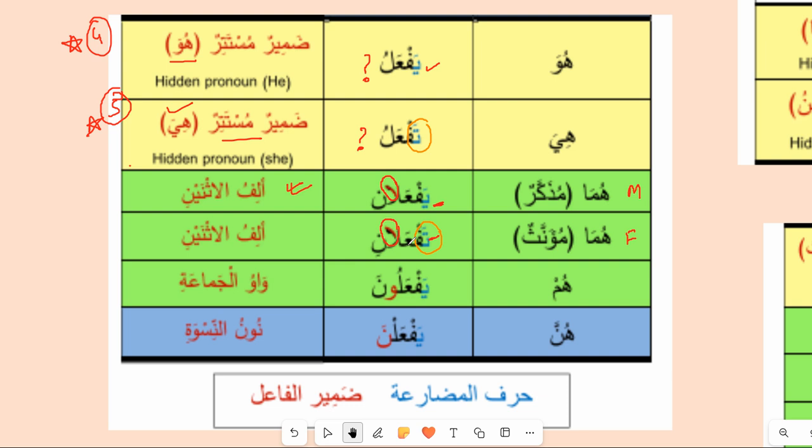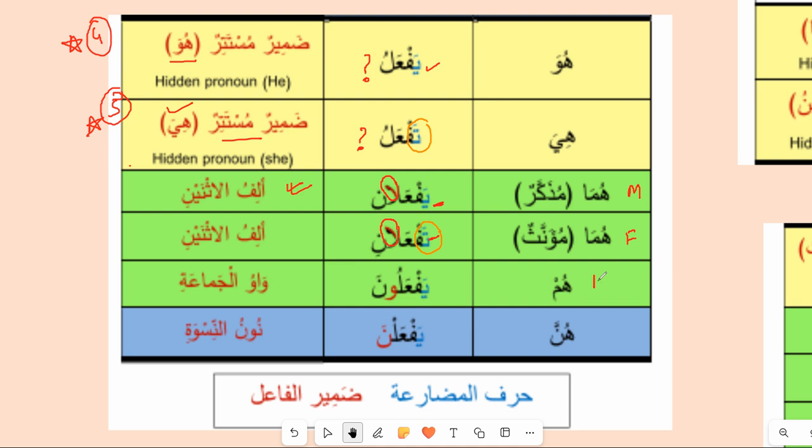Yes, it is similar, but in a sentence you will have some clue to find out that this tafalani is being used for the ghayab female. Inshallah, when we do the exercises in lesson number 13, you will be able to understand how you can find out that this tafalani is being used for the ghaib.